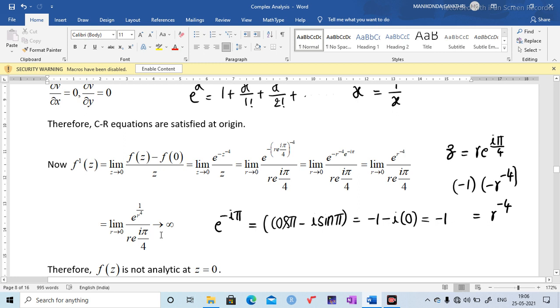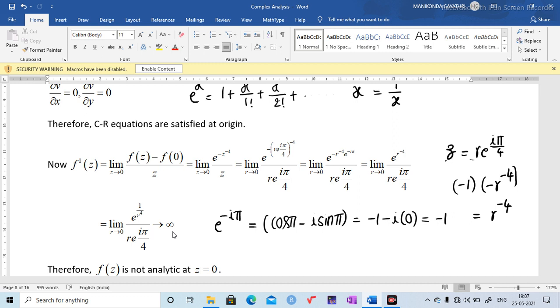This value tends to infinity as r tends to 0. Why? Because here r value 0 means anything by 0 means infinity. Here you can observe z tends to 0 means r tends to 0.